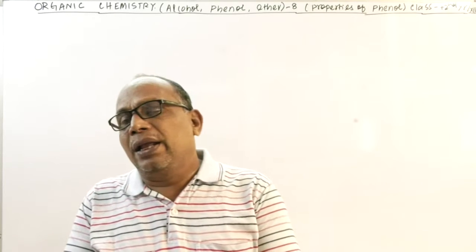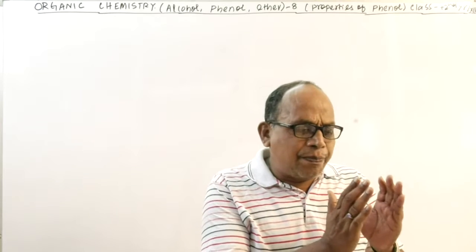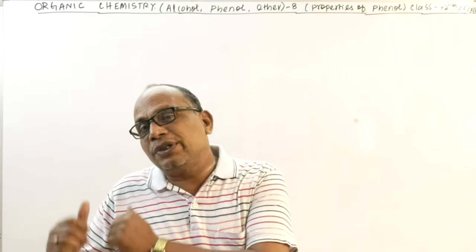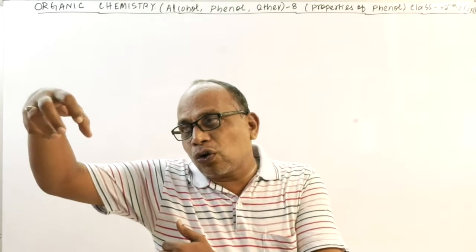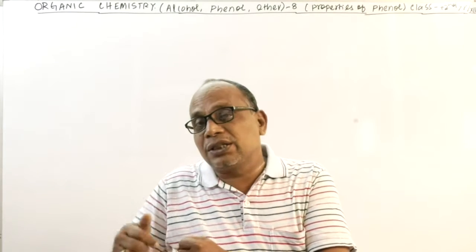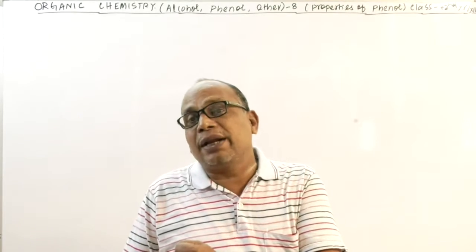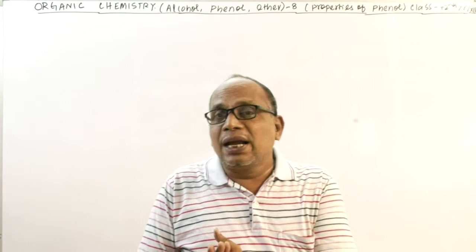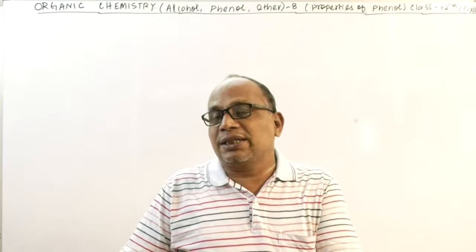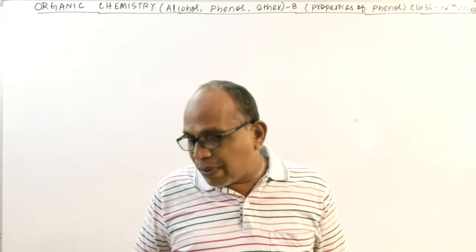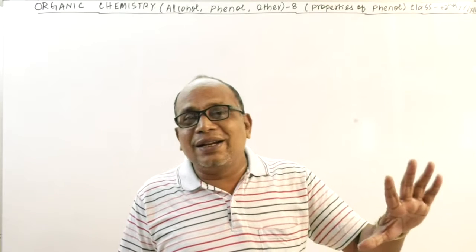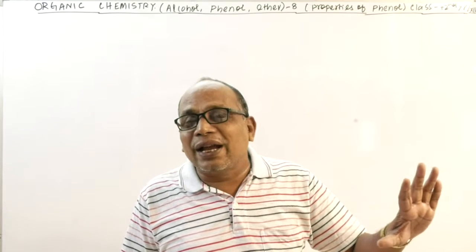Now we will compare the reactivity order of benzene and phenol. Phenol possesses one electron donor OH group, by which, through resonance, the benzene ring possesses negative charge at the ortho and para positions.